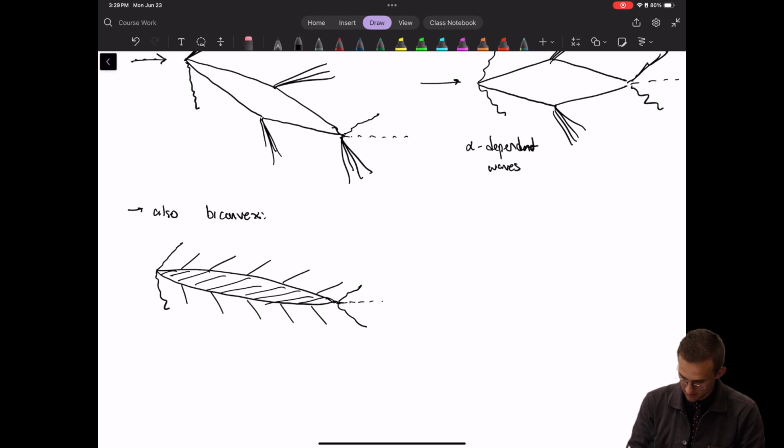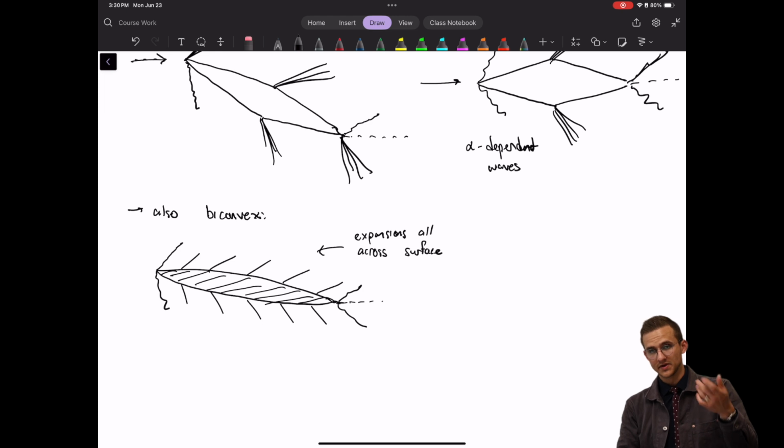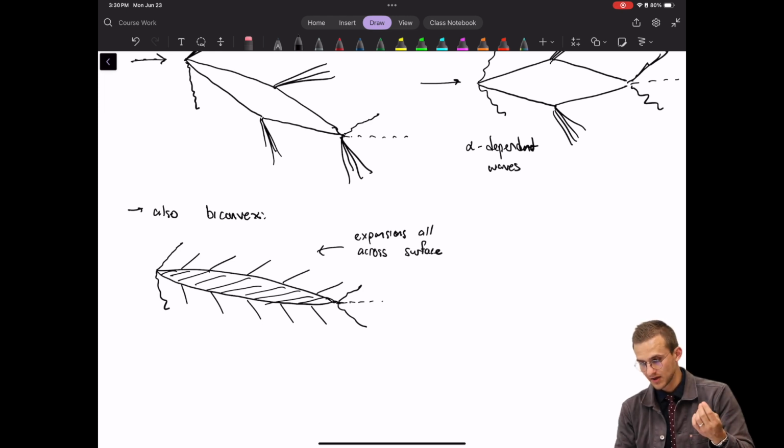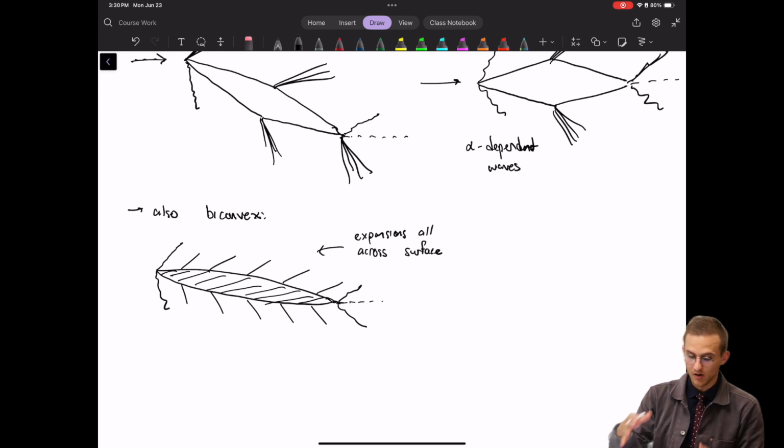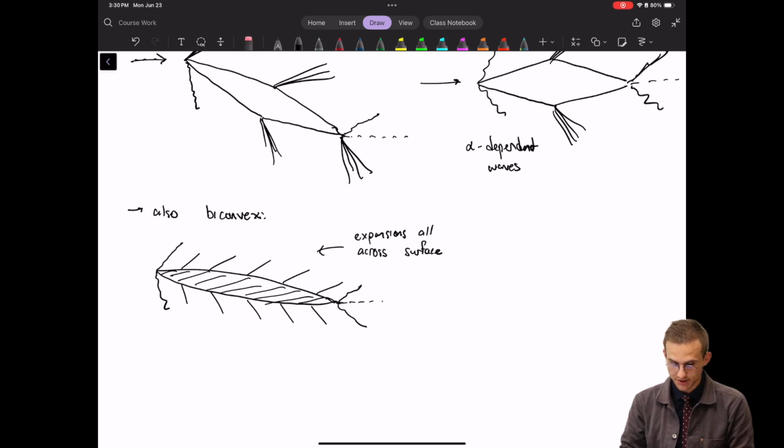So you say expansions all across the surface. Those expansion processes are probably a little bit closer to the isentropic Prandtl-Meyer expansion that we use for analysis, because they're not all happening in a single change in direction.